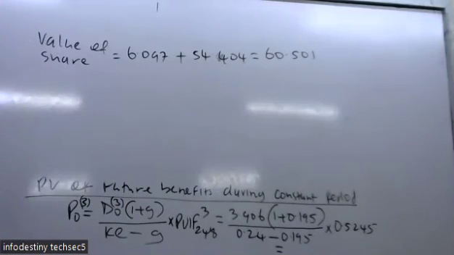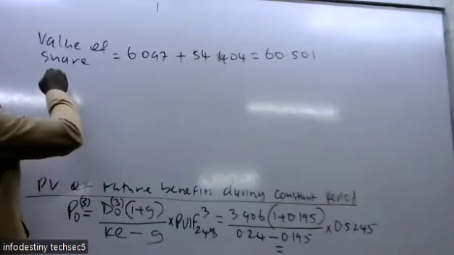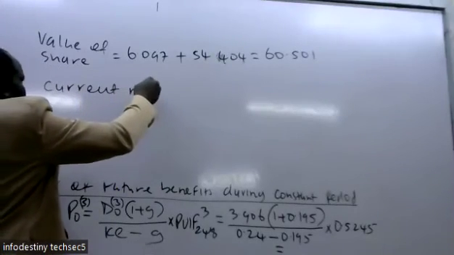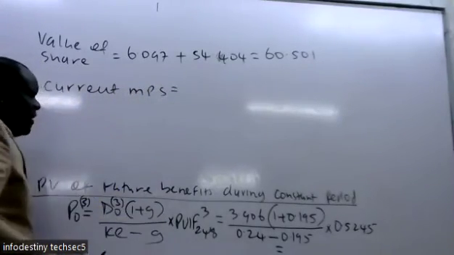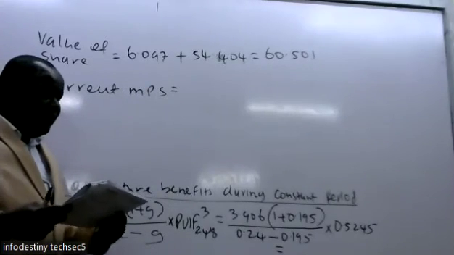They were asking you to state whether it is currently overvalued or undervalued, so we compare that with the current market price. The current market price was given to you in note number 5.